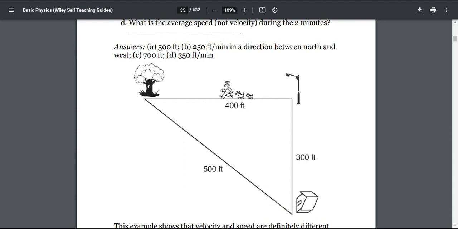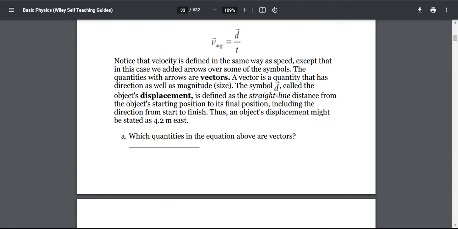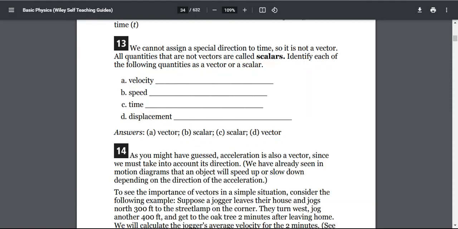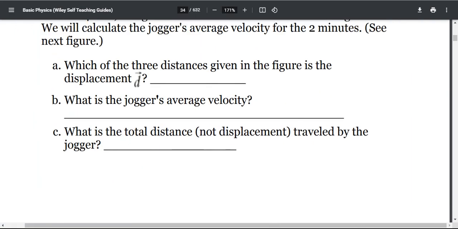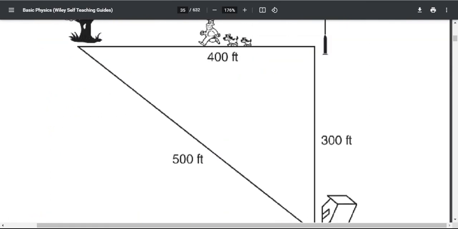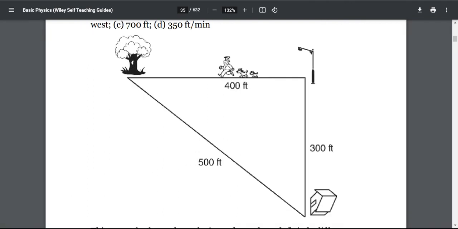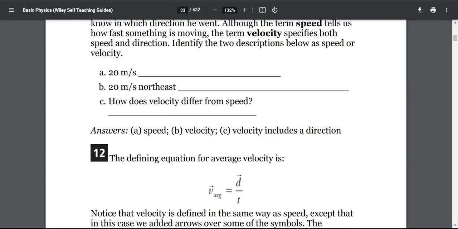Now the second question is, what is the jogger's average velocity? Now that we have D arrow, which is 500 feet, the equation is V equal to D upon T, V arrow equal to D arrow upon T. So it is 500 feet upon T. The time is 2 minutes.